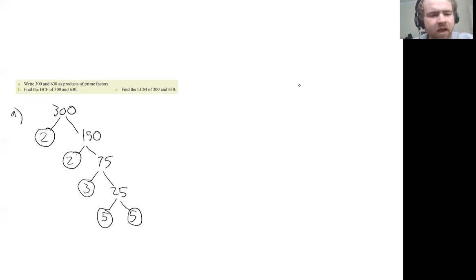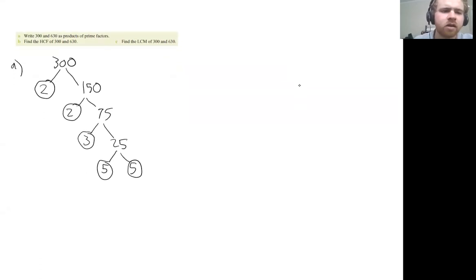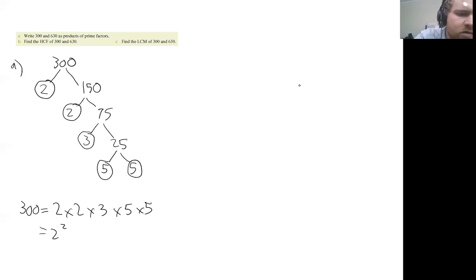So we've done our factor tree for 300. So 300 equals, we're going to write it as a product of its prime factors, 2 times 2 times 3 times 5 times 5. Now this is the same as, in index form, 2 to the power of 2 times 3 times 5 to the power of 2. Okay, so we've done part A for 300.